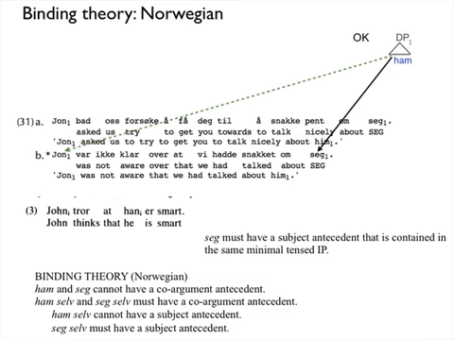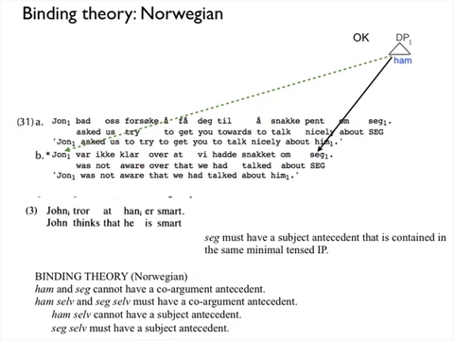So here you can see we've got seg inside, and then the first sentence there. John asked us to try to get you to talk nicely about. Notice that we've got, look at what the structure of that is, right?